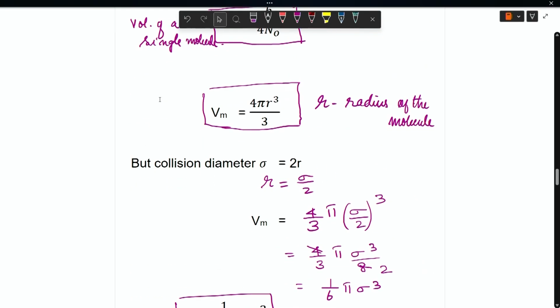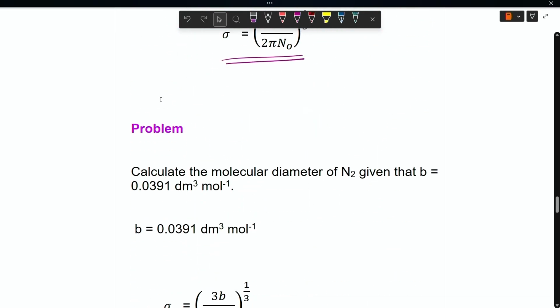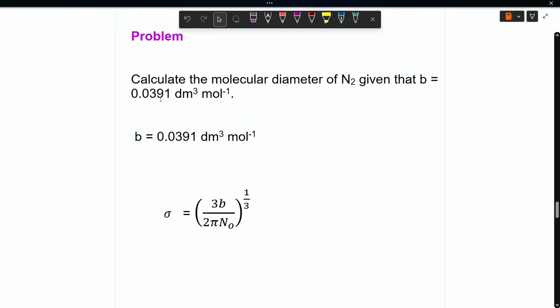Now, we have a problem based on it. Calculate the molecular diameter of nitrogen given that B is equal to 0.0391 decimeter cube mole raised to minus 1.